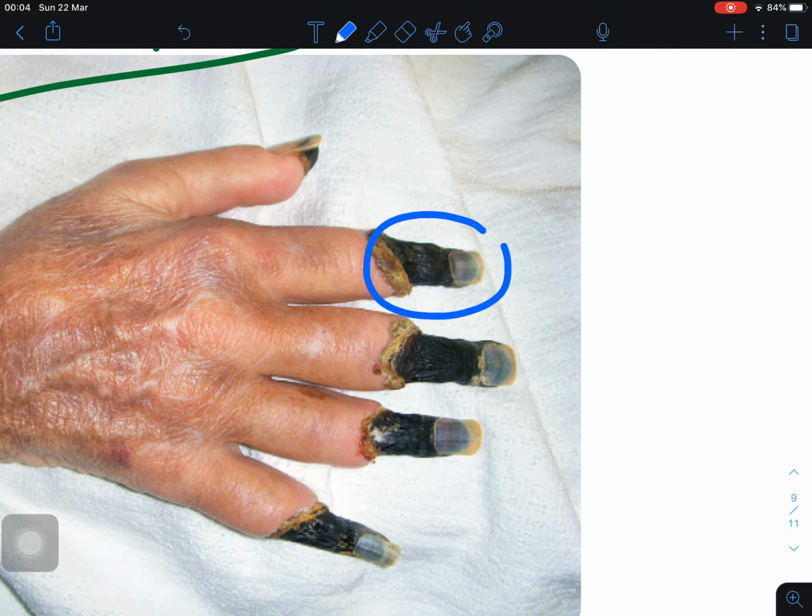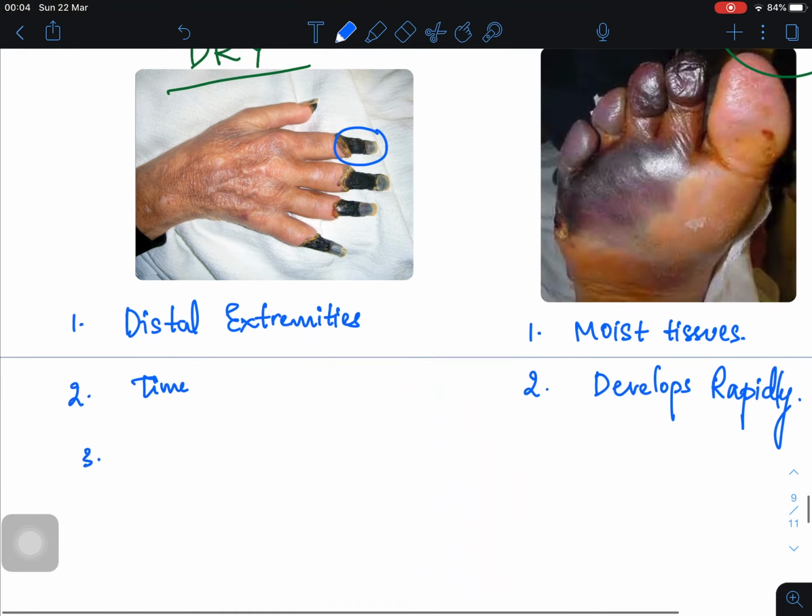Is it dry or wet? It is dry. Is it normal, or hydrated properly, or is it shrunken? It is shrunken. Which color is it? Dark black in color, right? It also looks like mummy fingers or mummy foot. If it happens in the legs, it is a mummy foot, right?